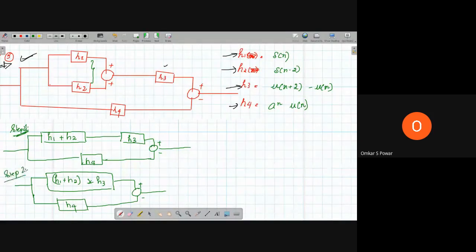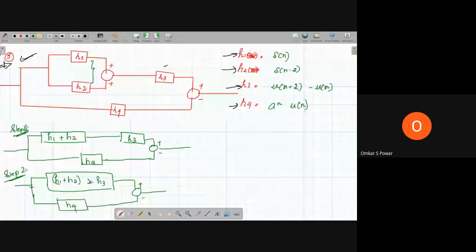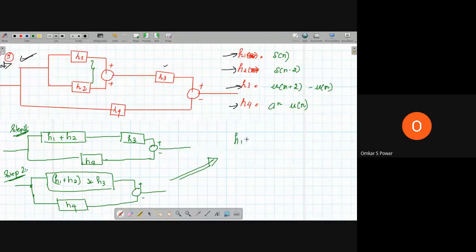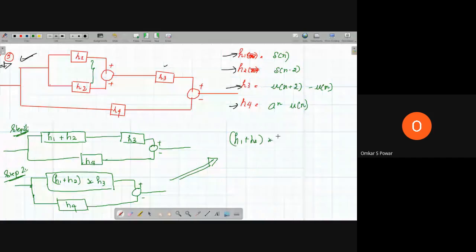Now this H1 plus H2 convolved with H3 is in parallel with H4. So how can we simplify this one? H1 plus H2 convolve with H3 minus H4. Why minus? Here you see the sign, minus H4. Okay.